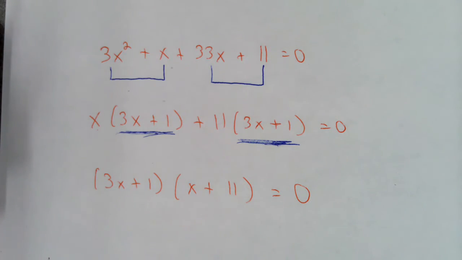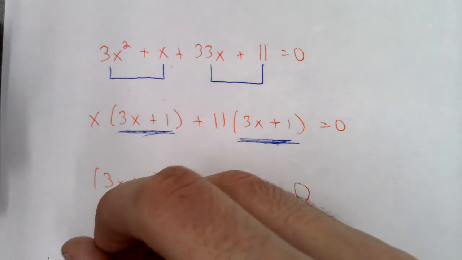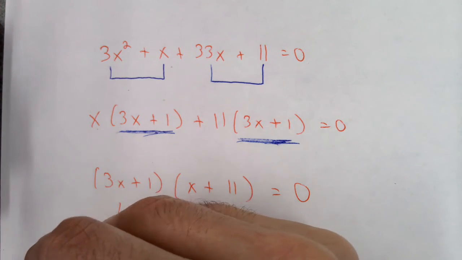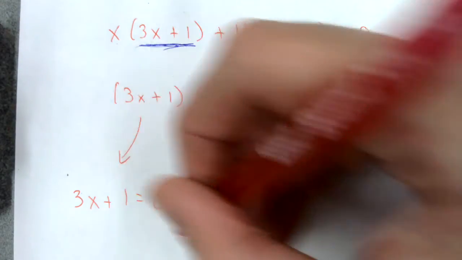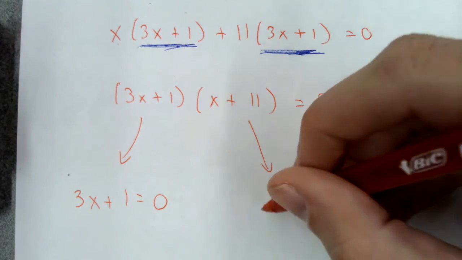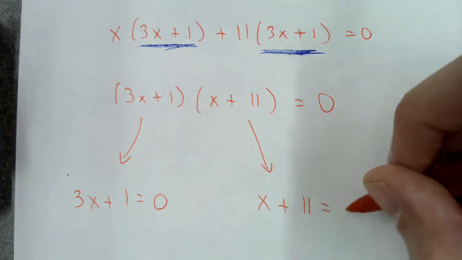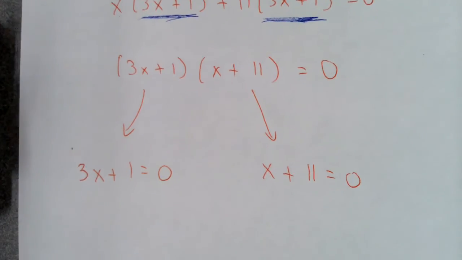And now you have to solve. You are multiplying two terms to get 0, so one of them has to be 0. That's the only way to multiply to get 0. So either 3x plus 1 equals 0, or x plus 11 equals 0. Solve each one.